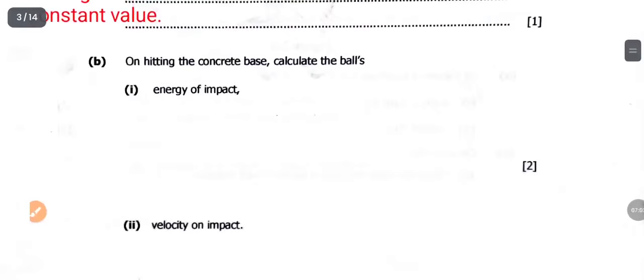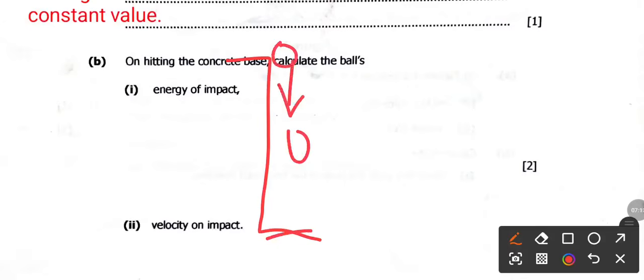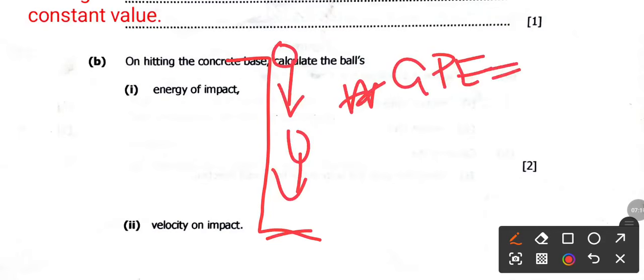Number 2, velocity on impact. Remember, when a body is falling freely under the influence of gravity, mgh, GPE, is equal to the kinetic energy of the ball. We calculated GPE, which is the gravitational potential energy, to be equal to 50 joules.